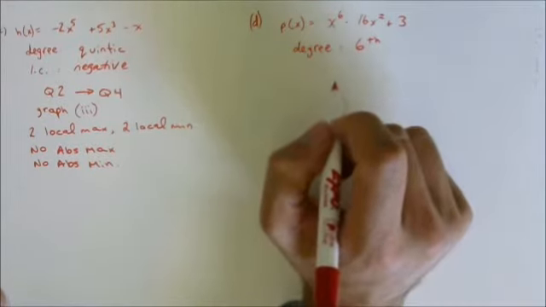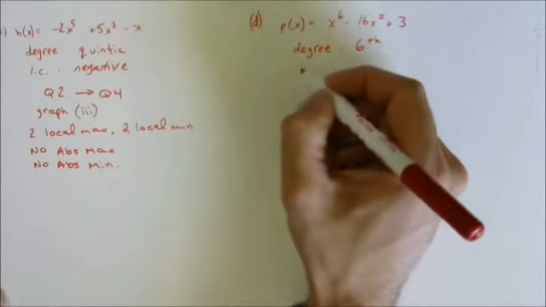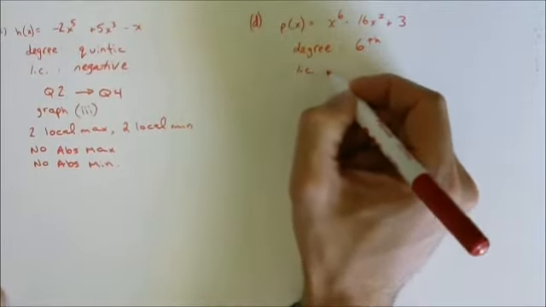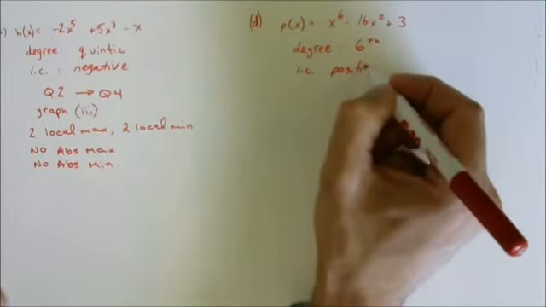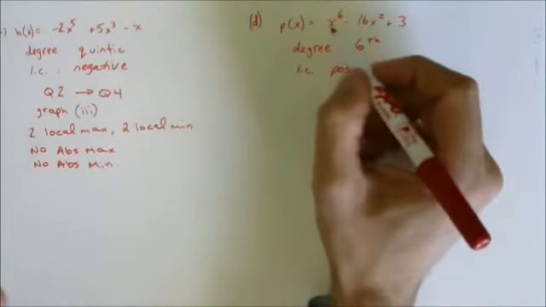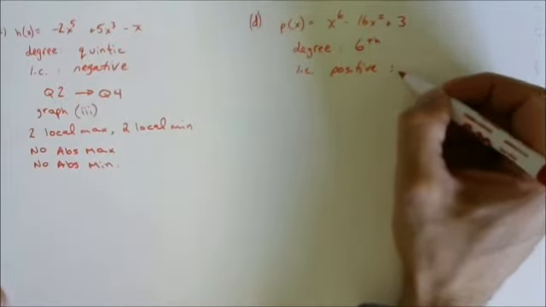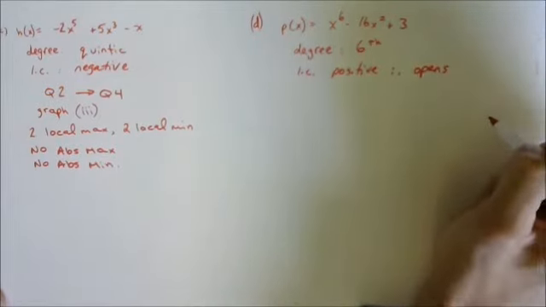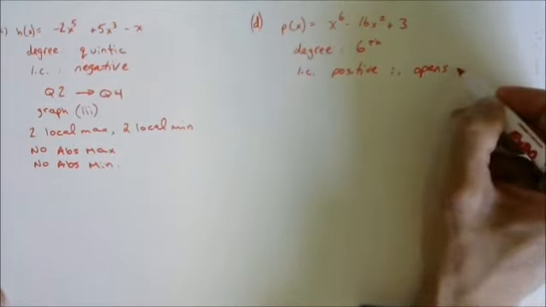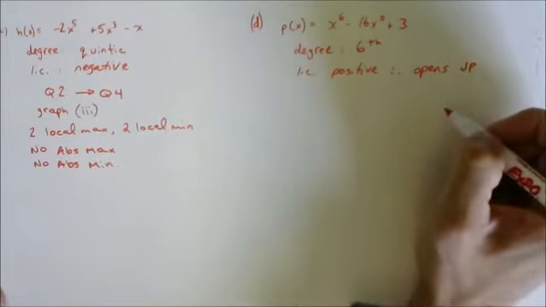We don't have that name in the chart, so we just use numbers beyond that point. Good, leading coefficient? Positive. And it's an even function, so we can tell if it opens up or down. It opens up.